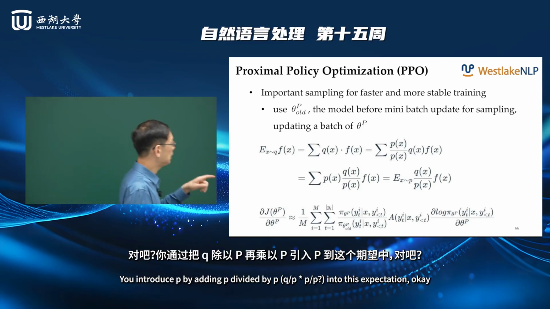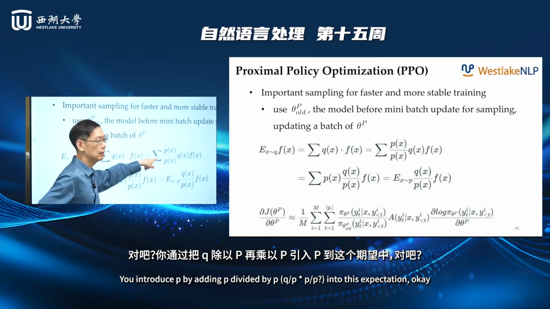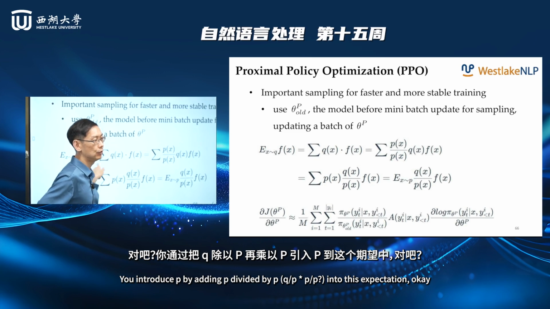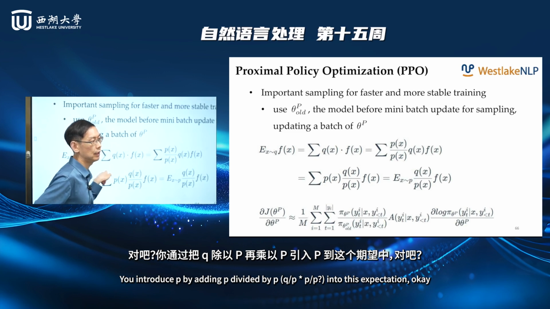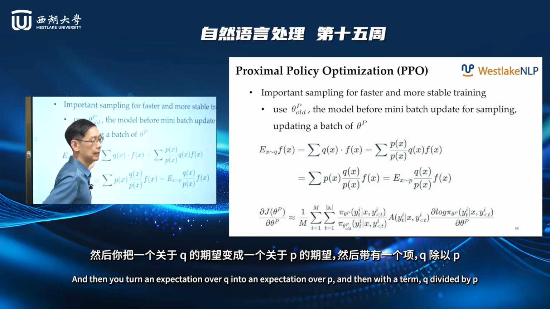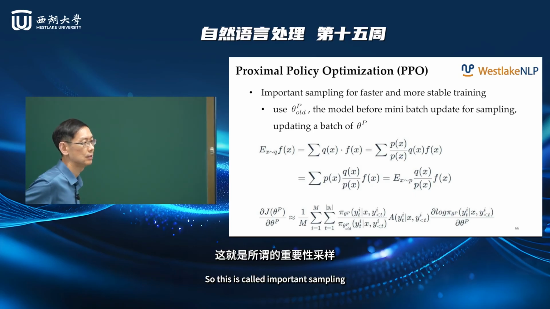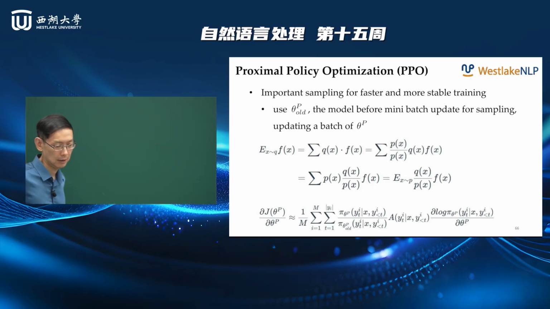You introduce P by adding P divided by P into this expectation, and then you turn an expectation over Q into an expectation over P, with the term Q divided by P. This is called importance sampling.